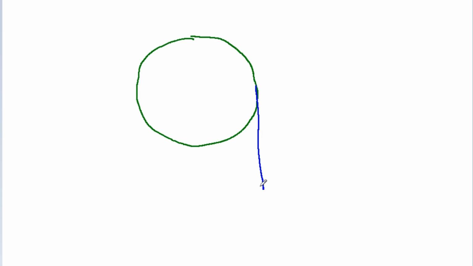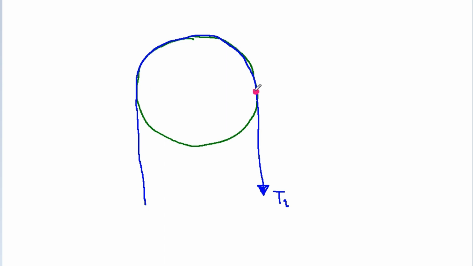So basically, we have a pulley and this is a string, and the tension at one end of the string is T1. The pulley is not frictionless, so there will be friction between the string and the pulley at every point of contact.